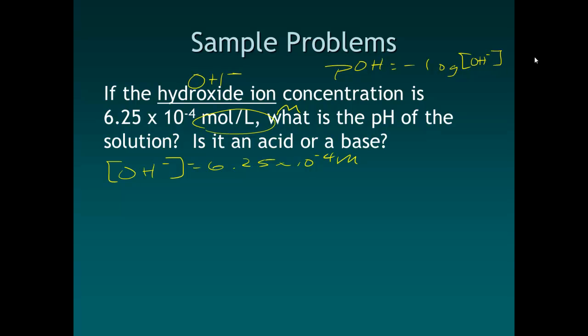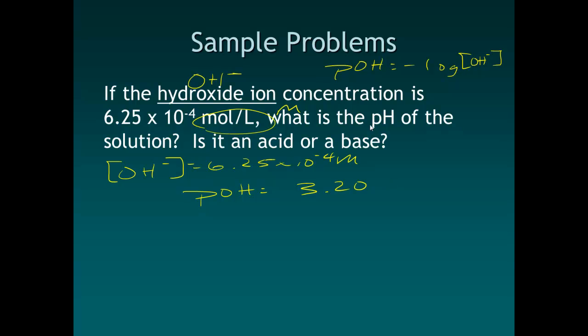And again, you don't have to memorize these formulas. They're going to be provided to you. So if I do that, I get a pOH is equal to 3.20. Okay? And that's after I round to 2 spots to the decimal. My pOH is equal to 3.20.